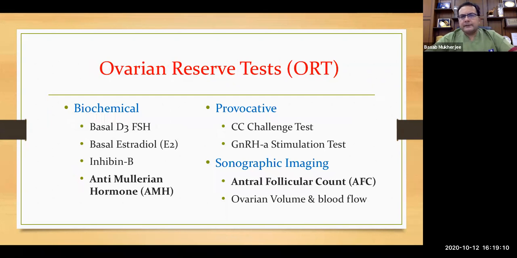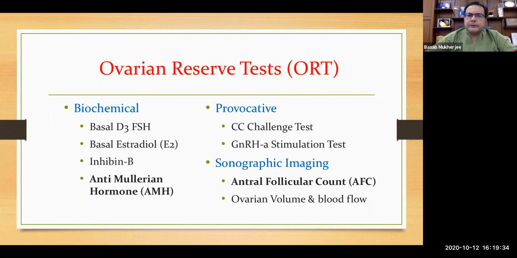So what are the ovarian reserve tests we have known over time? There are some biochemical tests where you'll be drawing blood and checking for basal day 3 FSH, which is very commonly done still today, basal estradiol, inhibin B, and anti-Mullerian hormone, or AMH, which is possibly the commonest ovarian reserve test done today.